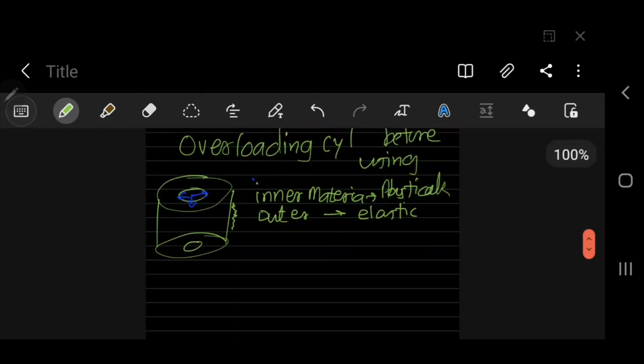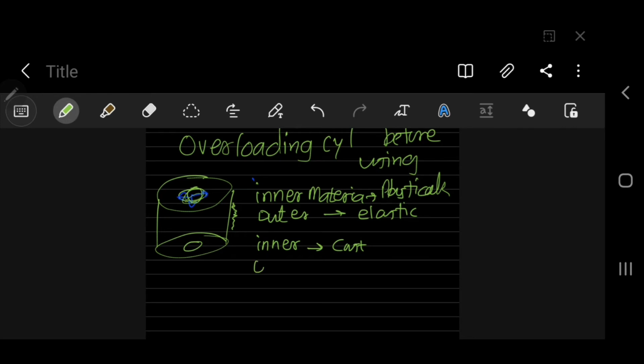When we remove that internal pressure, the inner material which was plastically deformed will be compressed, because the outer material which was elastically deformed will try to regain its original shape.